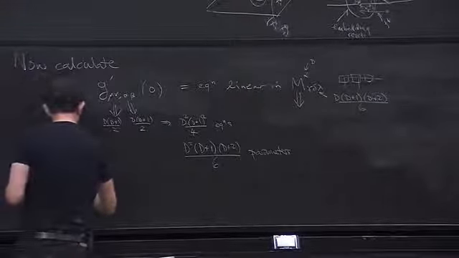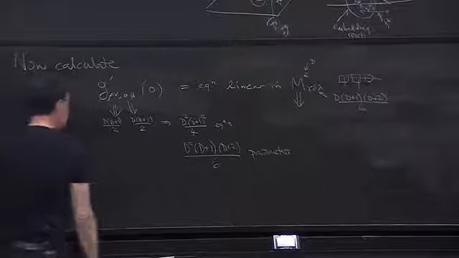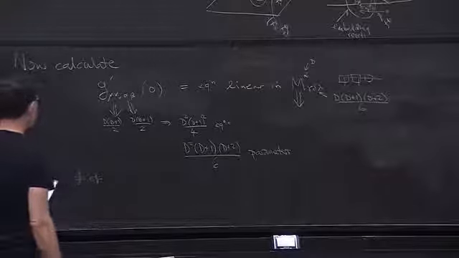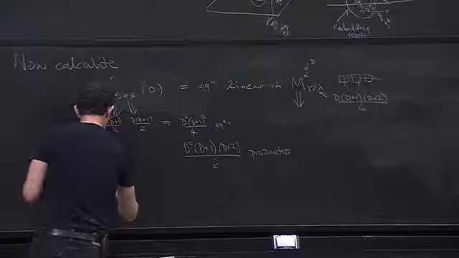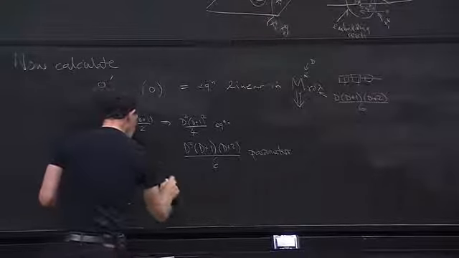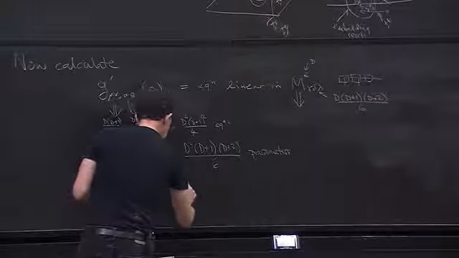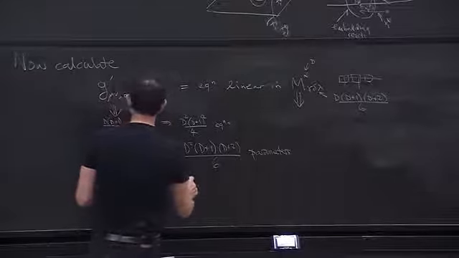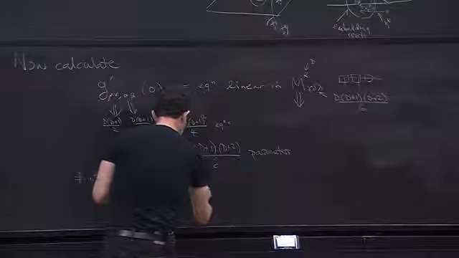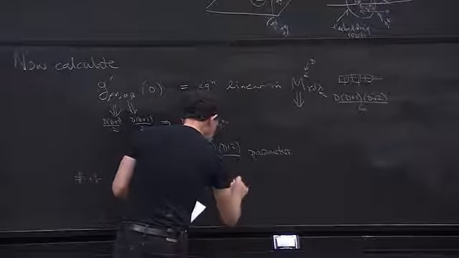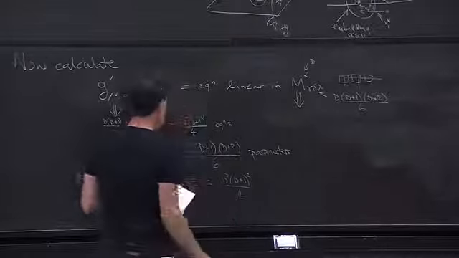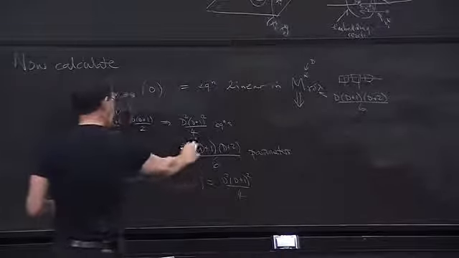So the number of components of g mu nu comma alpha beta equals d squared (d+1) squared over 4, and the number of parameters are these.